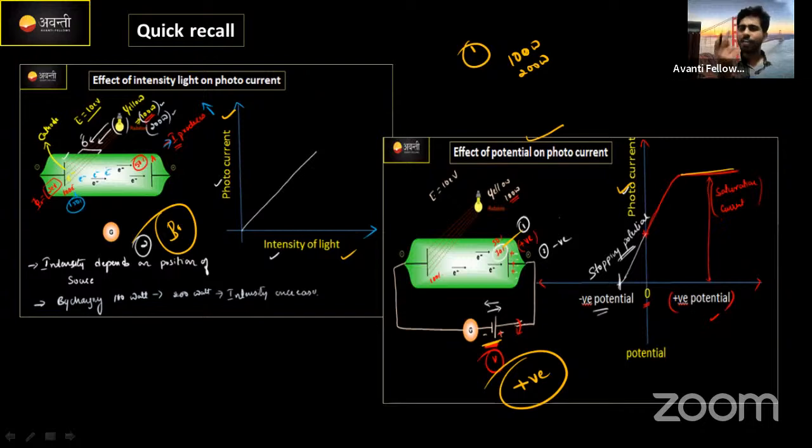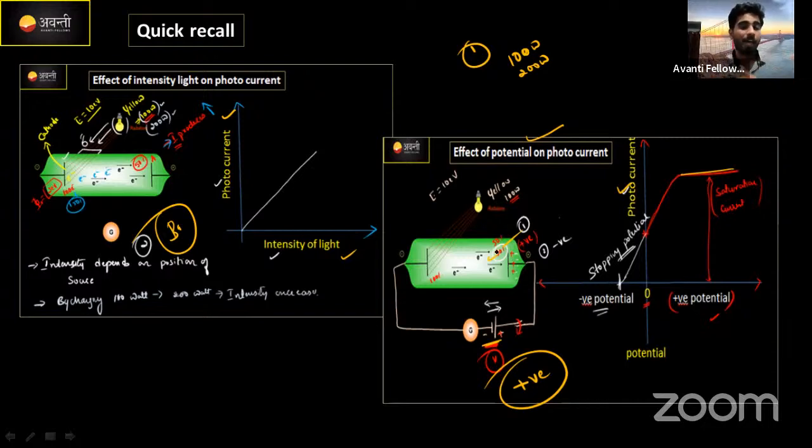If you reverse the connection of the battery, you make it a negative potential. When it becomes a negative potential, at that time 70% of electrons are coming near the anode. Due to the negative potential, it starts to oppose the electrons coming near the anode.